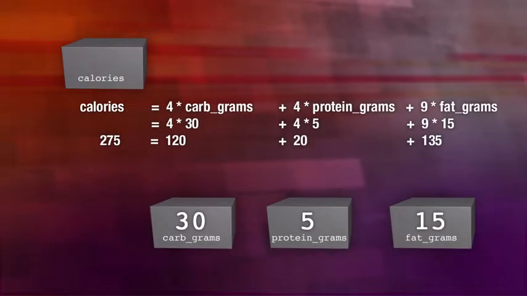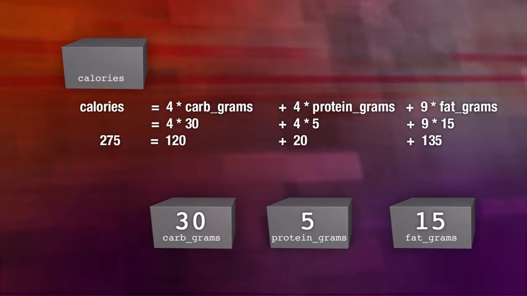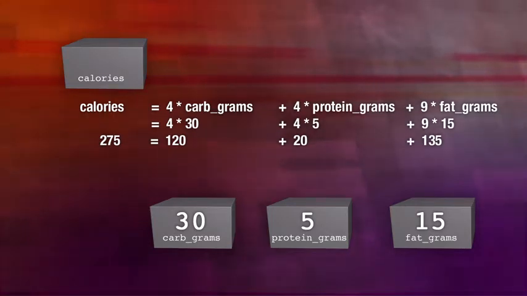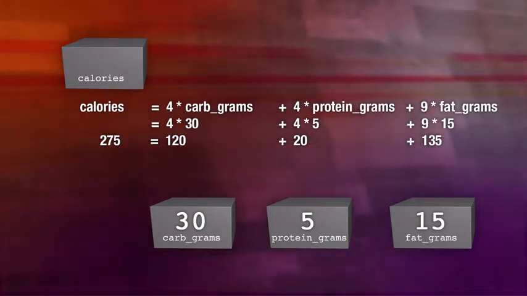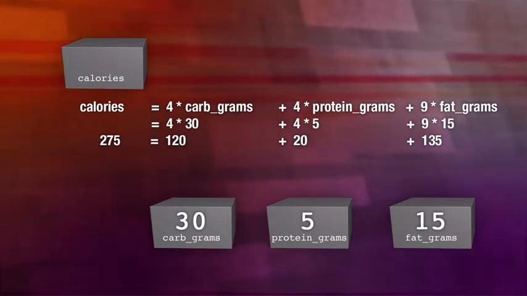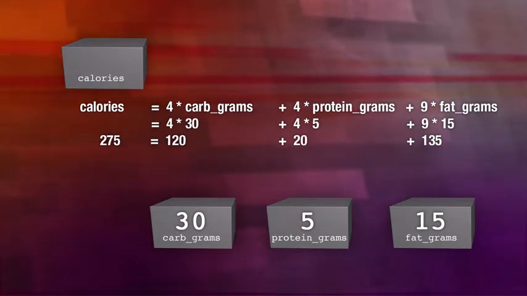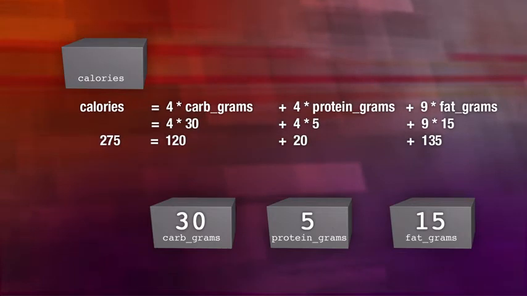So, here's the calculation the computer will be doing for us. Carb grams holds the value 30, so 4 times 30 is 120. Protein grams holds the value 5, so 4 times 5 is 20. And fat grams has the value 15, so 9 times 15 is 135.